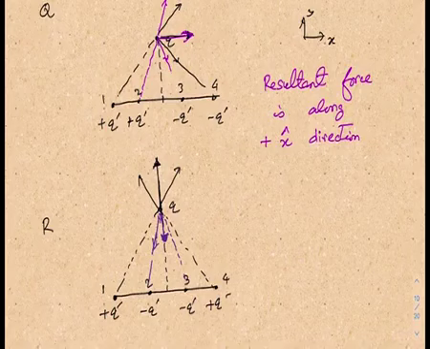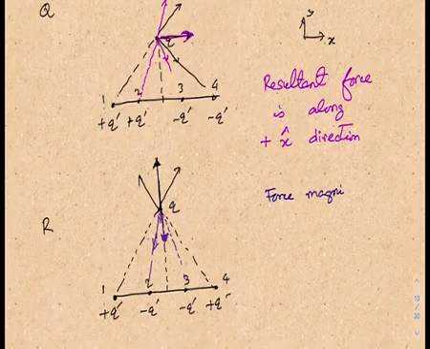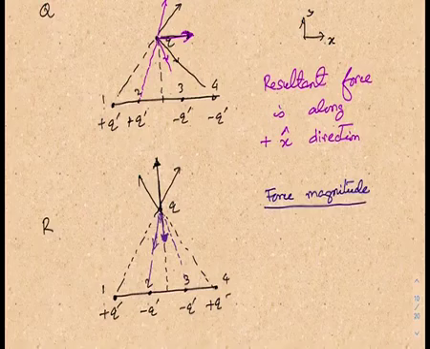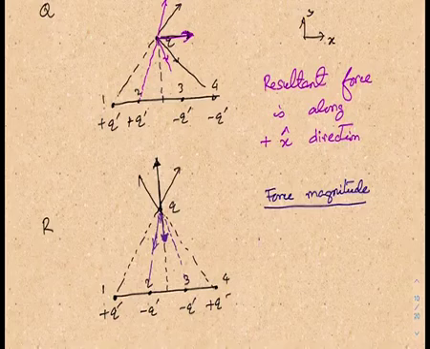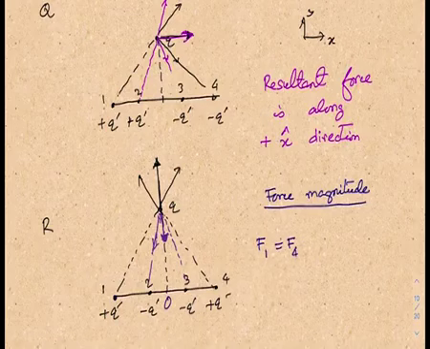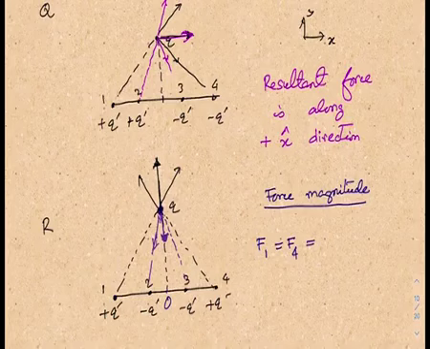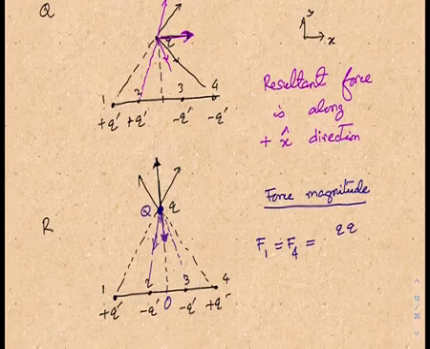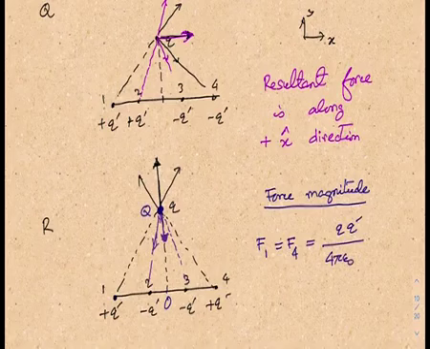So let me note that down. Force magnitude: due to charges at 1 and 4, because they are at the same distance from this point O, the force F1 equals the force due to 4 at the point Q. Magnitude wise, it would be q dash divided by 4 pi epsilon 0 times the distance squared.